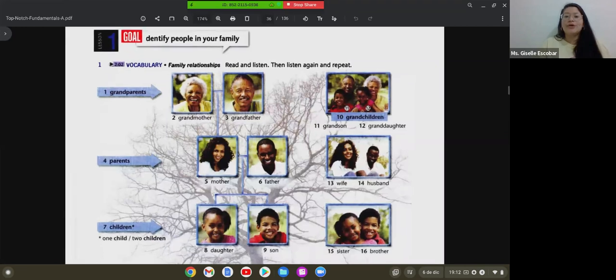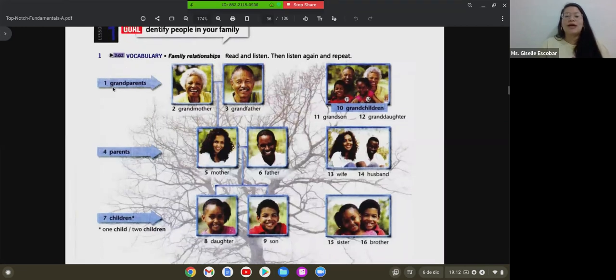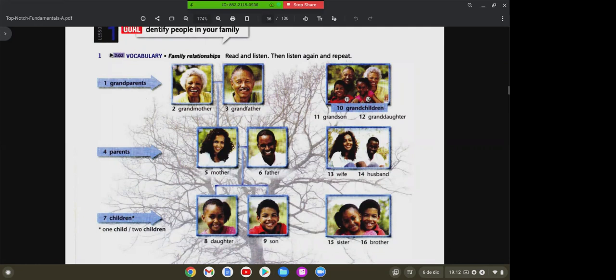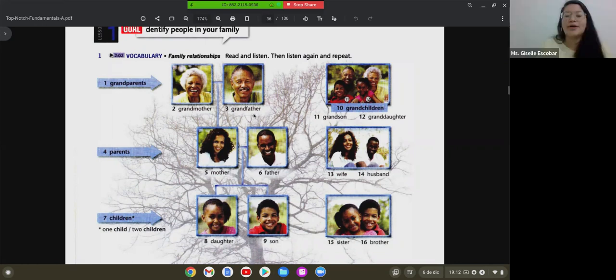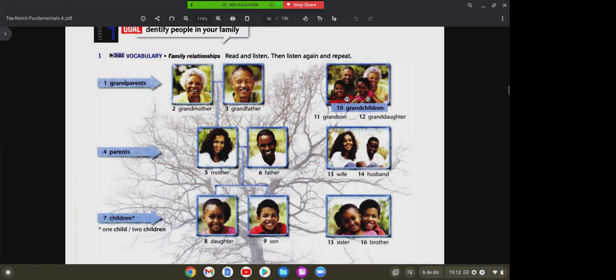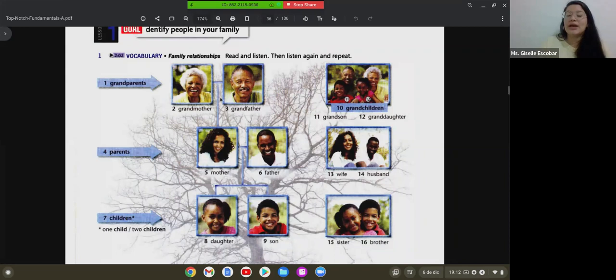We're going to listen to the audio, but first I want you guys to focus on how the words are pronounced. So repeat after me. Grandparents. Grandmother. Grandfather. In these two, we can also say, y probablemente ya lo han escuchado mencionar, grandma and grandpa. ¿Lo habían escuchado antes? Yes, teacher.